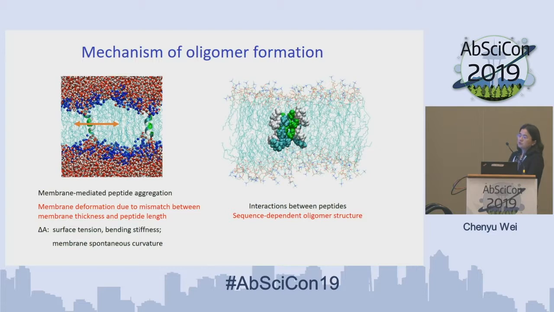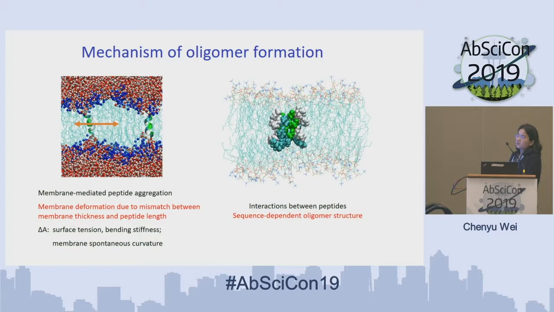To reduce the total free energy of this membrane deformation surface, these two peptides tend to aggregate, and such total free energy is dependent on the surface tension. It's dependent on the bending stiffness of the lipid you are using. It also depends on the membrane spontaneous curvature of the lipid.